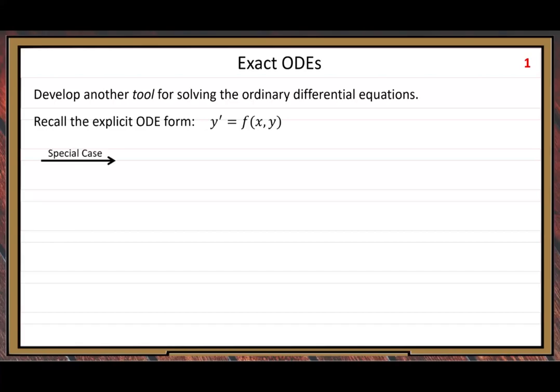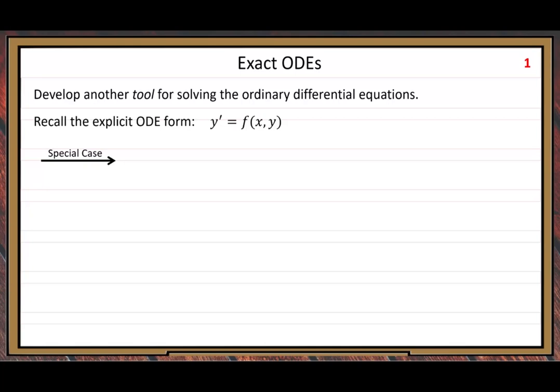For an ODE like this, in the general case, most of the ODEs, we may not be able to find the solutions. Only a small portion of it, we can find a solution. So that's the reason we usually consider the special cases.